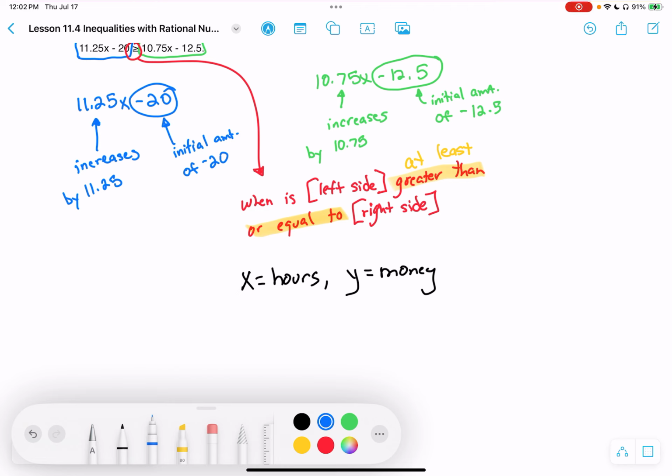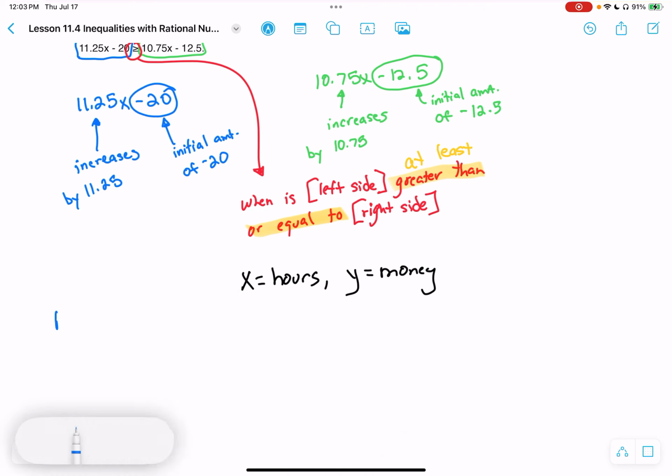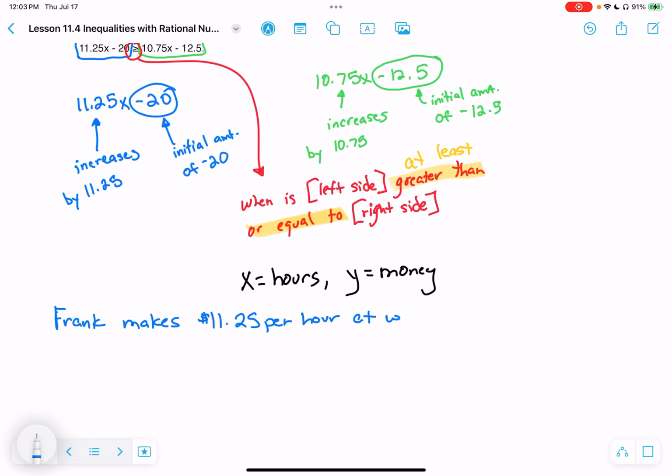So let's say guy number one, let's call him Frank. Frank makes $11.25 per hour at work and pays $20 for an Uber to get to his job.